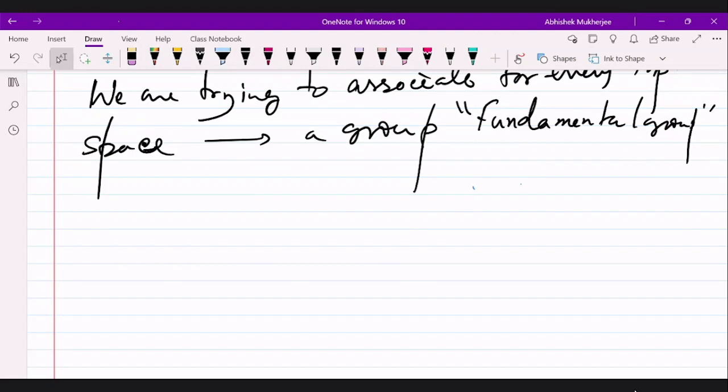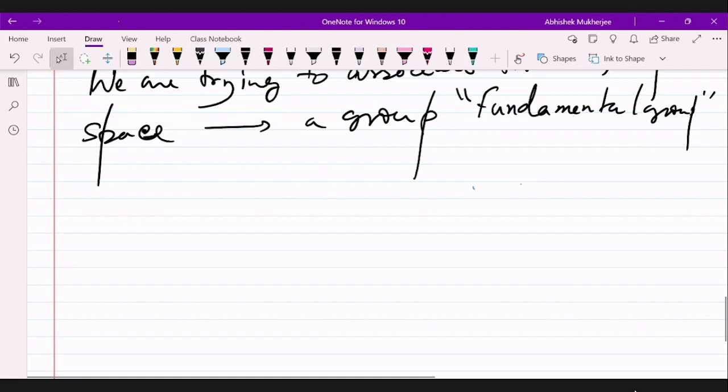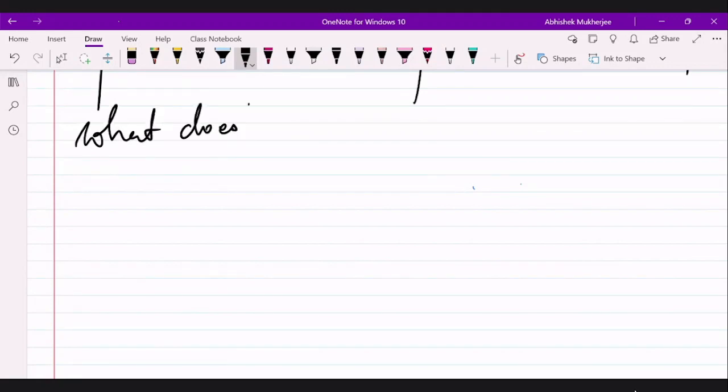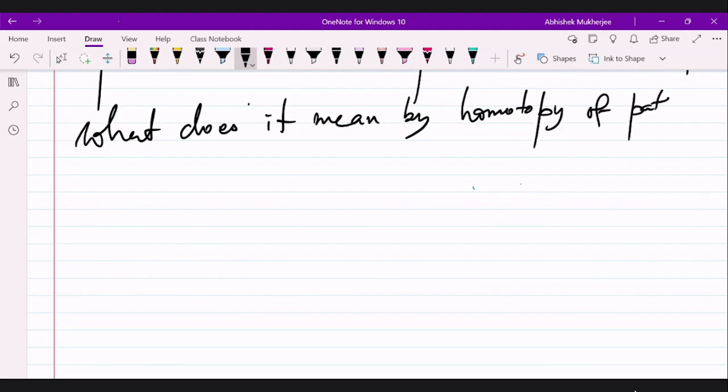Yeah. Okay. Great. So to define this group, we need to focus on some basic ideas. That is, what does it mean by homotopy of paths, right?